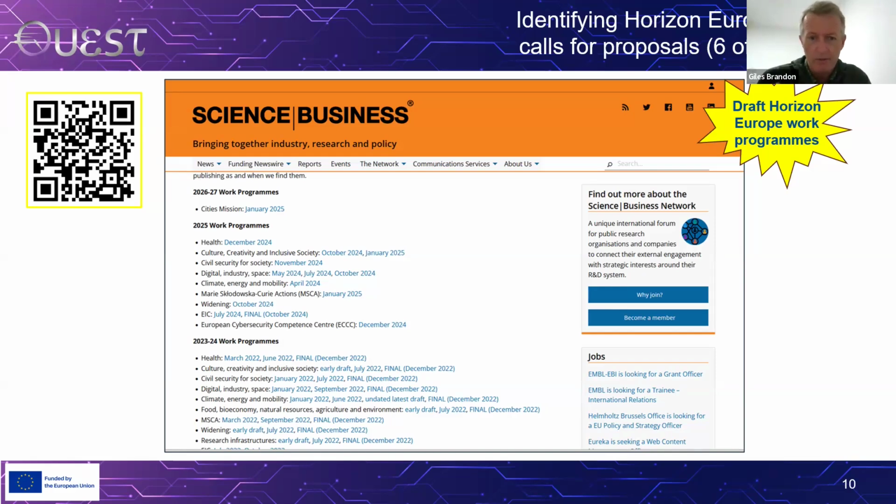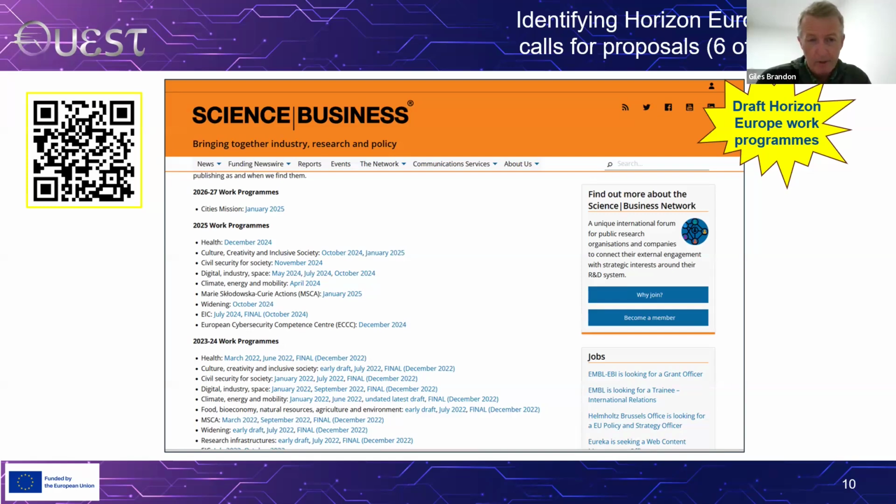This is a very interesting website which publishes a lot of information about the EU, and because it's Science Business, you can imagine it talks a lot about Horizon Europe and future work programs. On this particular web page, they have copies of the latest draft work programs for many of the Horizon Europe schemes, not necessarily all.